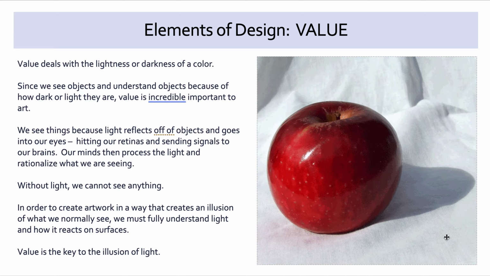Some of it's getting absorbed, reflecting a lot of light. So it's bouncing, and then where it hits the back, it's dark, but it's not as dark where there's none hitting. So it's all very complicated, but it's also very simple in the sense that there's a formula for how you can draw a three-dimensional shape using value to give the illusion of that third dimension. Value is the key to the illusion of light.